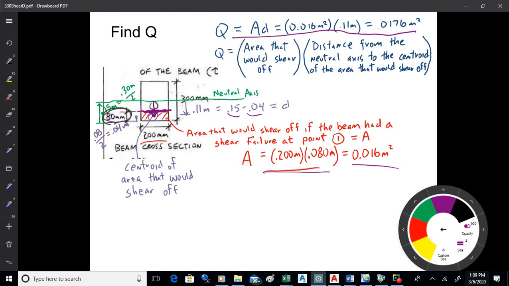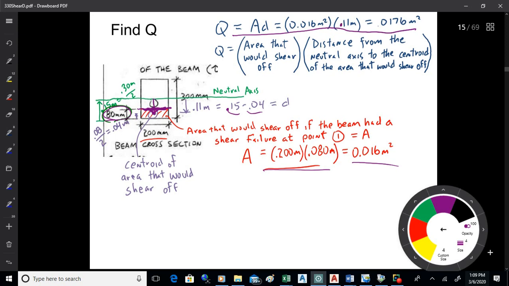But we're at the centroid of an 80 millimeter high area there. Half of that is 40 millimeters, which is 0.04. So to get the distance from the neutral axis to the centroid of that area, we take 0.15 minus 0.04, and we get 0.11. So that's the distance from the neutral axis to the centroid of the area that would shear off.